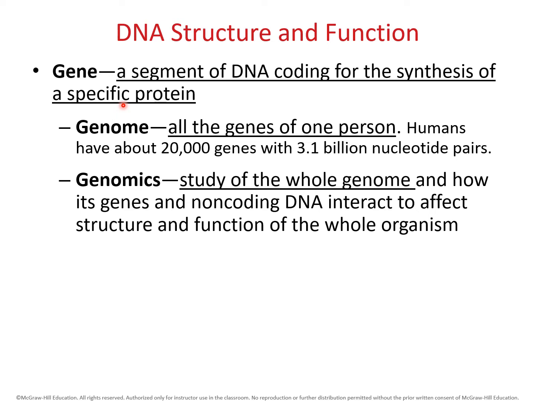Students often find it surprising that the genetic code, or what sequences we see on DNA, are actually a code for the synthesis of a certain protein. Like, why would all of our genetic information be all about making proteins? Well, that's because proteins are what make us function.